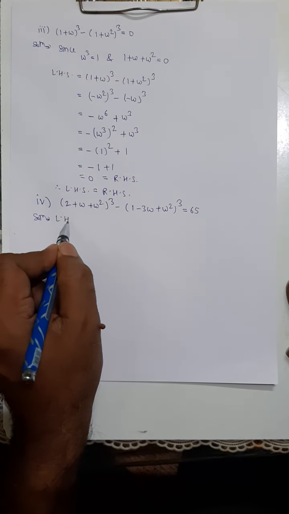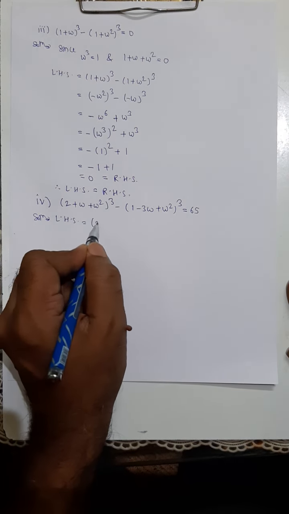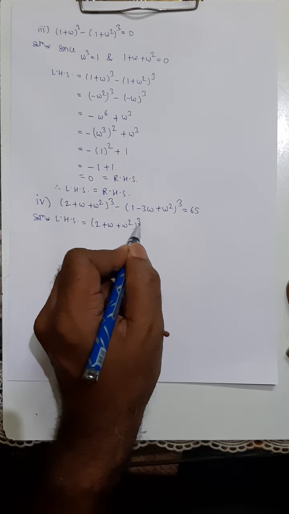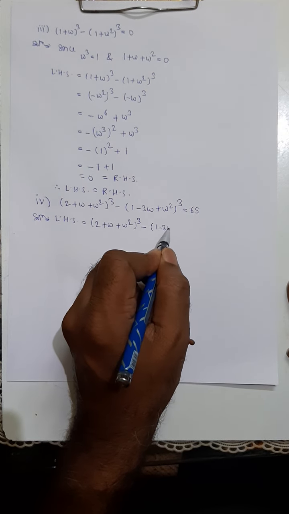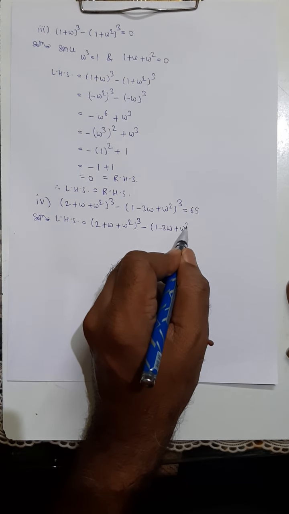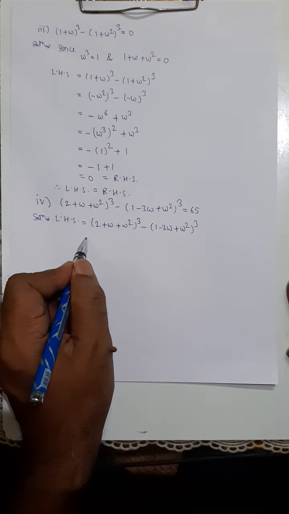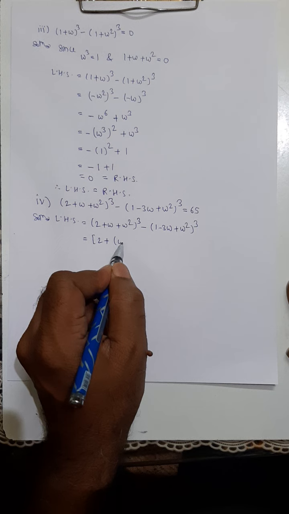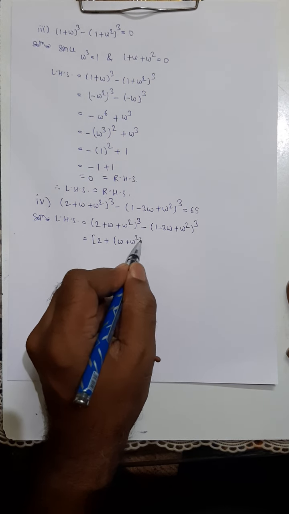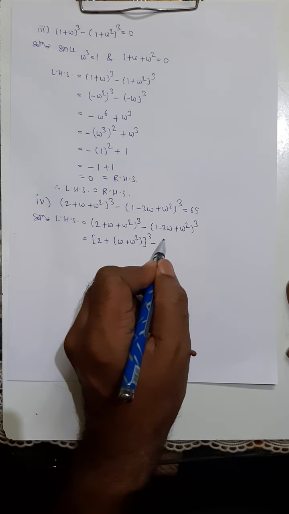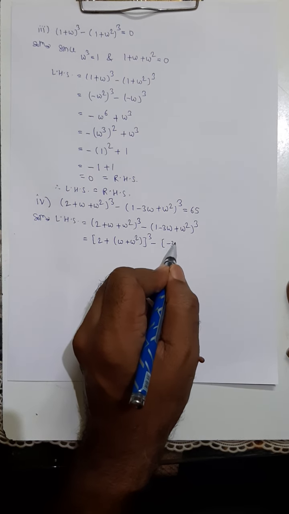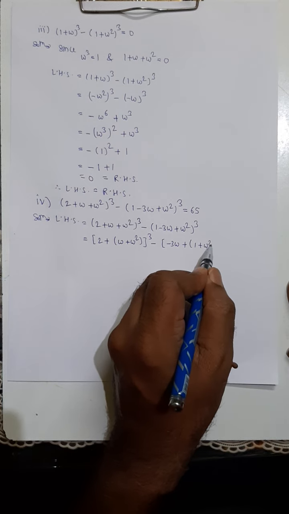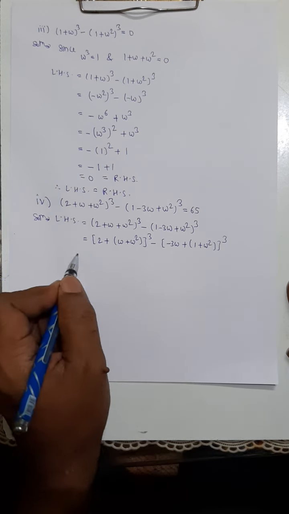So take here LHS, that is equal to (2 plus omega square) cube minus (1 minus 3 omega plus omega square) whole cube. So this can be written 2 as it is, combine omega and omega square in one bracket power 3 as it is. Here write minus 3 omega as it is, and combine 1 and omega square in a bracket power 3.